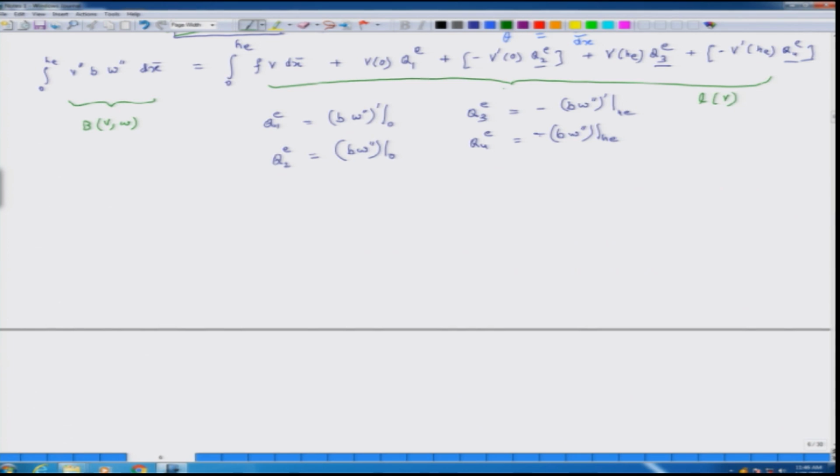And lastly, we will show that this entire thing is nothing but the minima of an overall term, we will call it I, and in this case it represents the overall potential energy of the system. So, just consider the term I, and this is for the eth element.